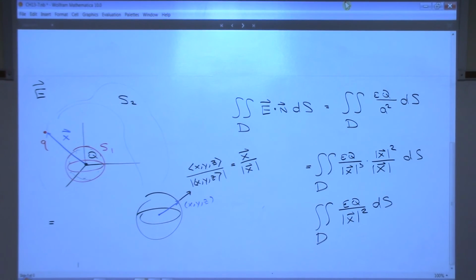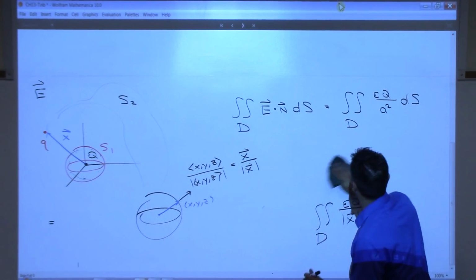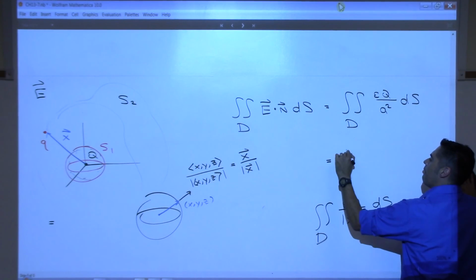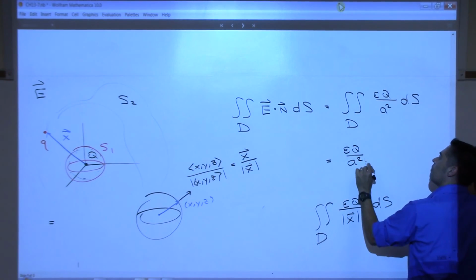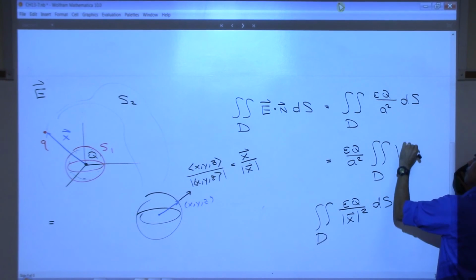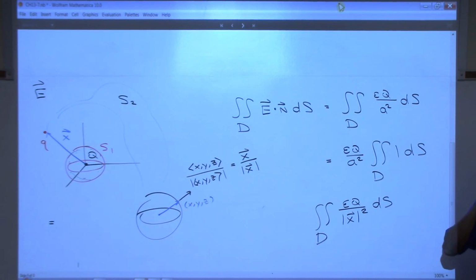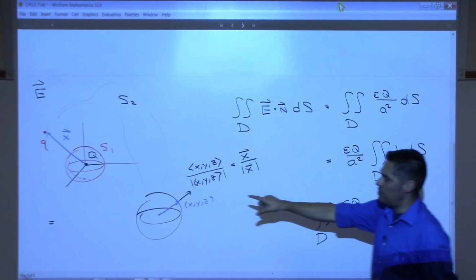And if you recognize now, let me check something here. No, we're good. Isn't everything here constant? So what's left is the integral of ds, which is the surface area of my surface, which is the surface area of this sphere.